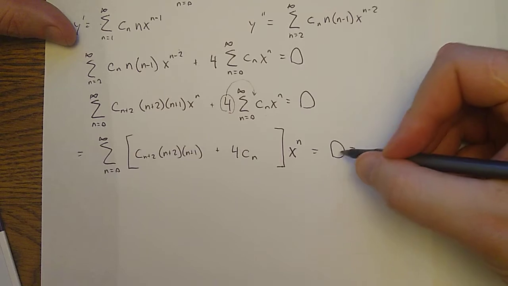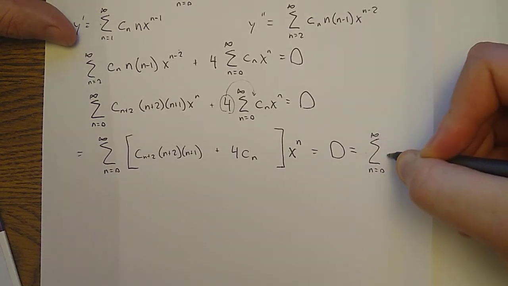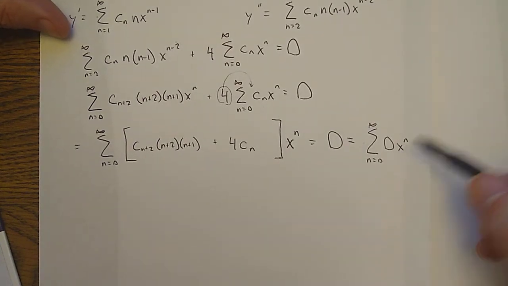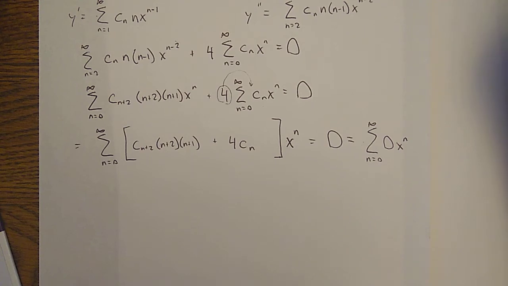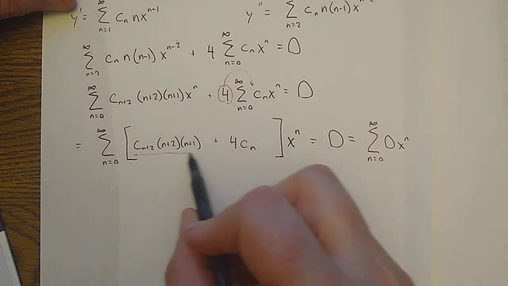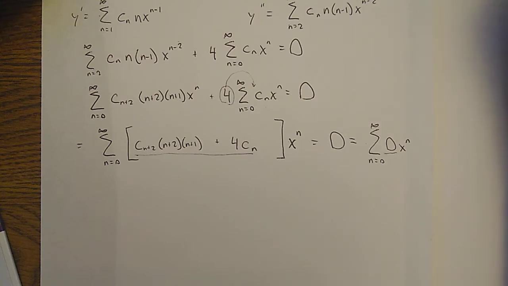And by the way, this 0 I can think of as also being a power series. It's like 0 times x to the n. What I'm getting at here is now I'm just equating coefficients. The coefficient of x to the n here equals the coefficient of x to the n here.